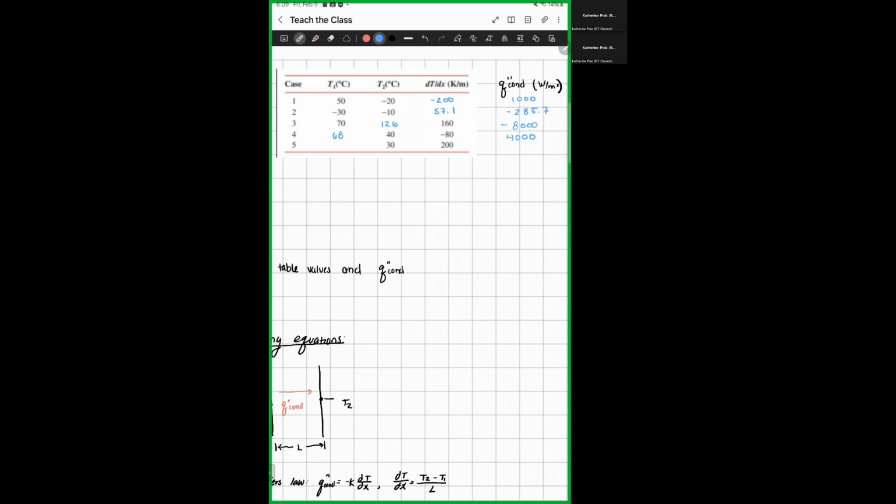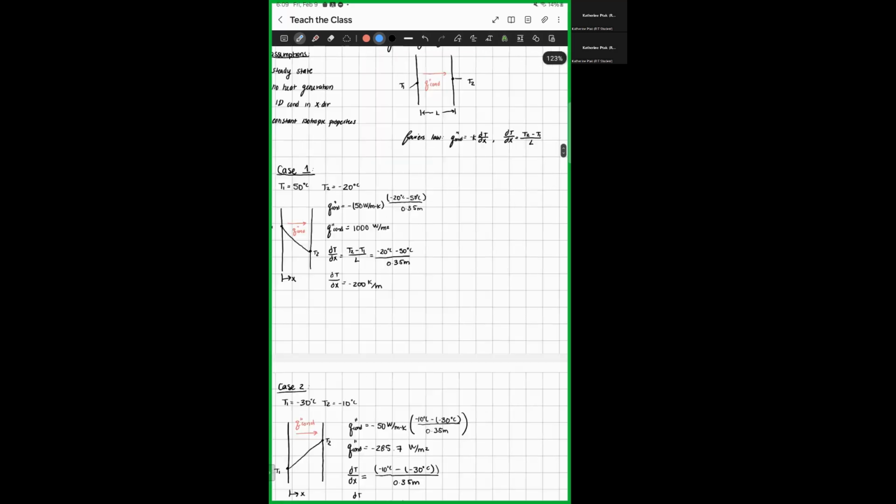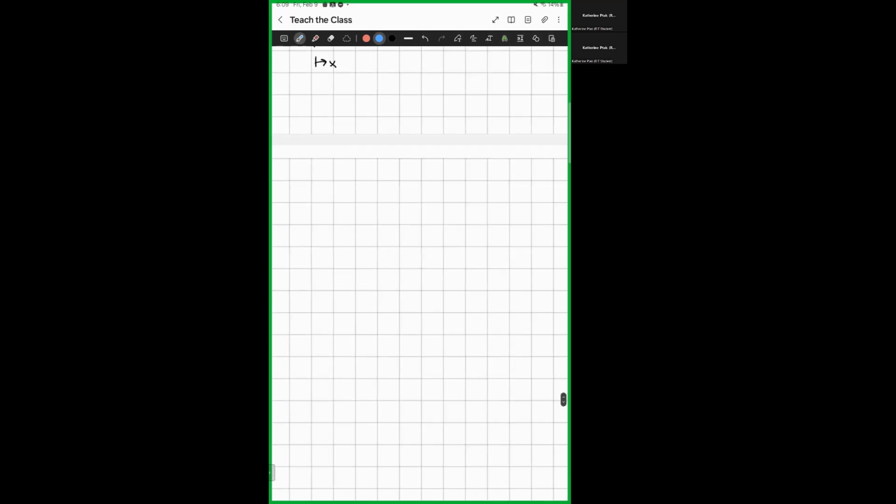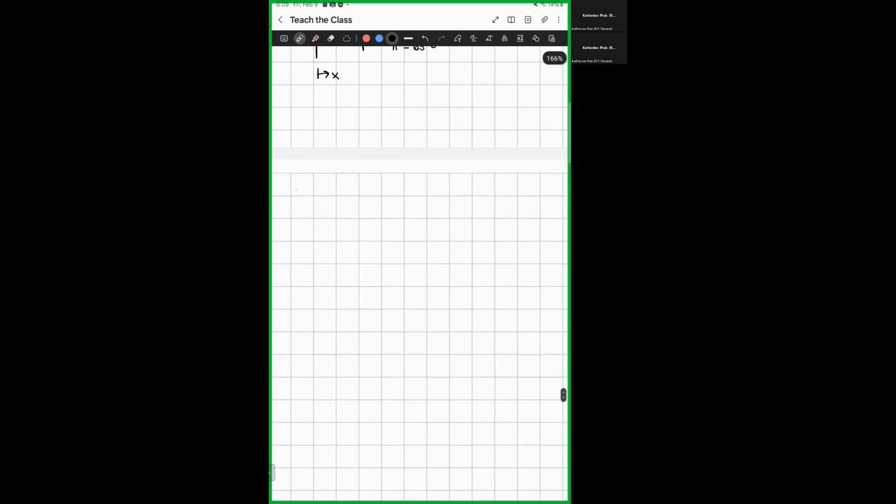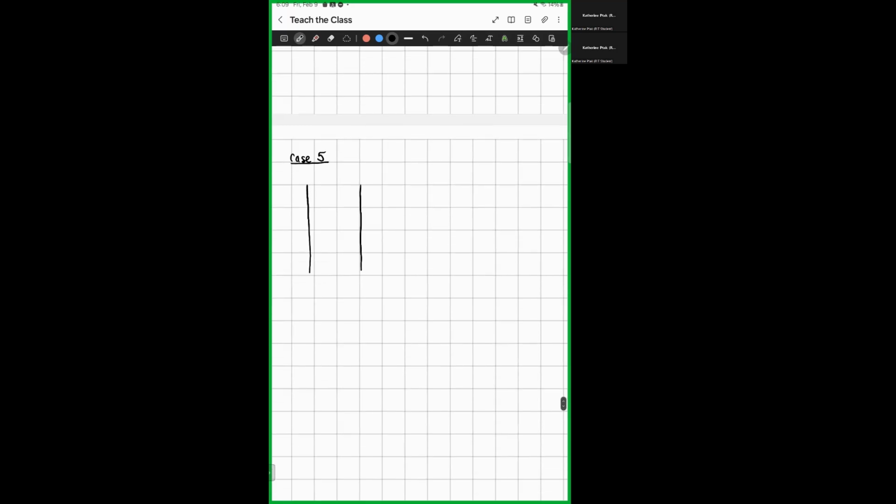Okay, and then for our last case, case 5, it's similar to case 4. We're given the temperature of T2, which is 30, and then we're given a positive dT/dx, which is 200. So again, we're going to start off by drawing our picture, positive x direction.